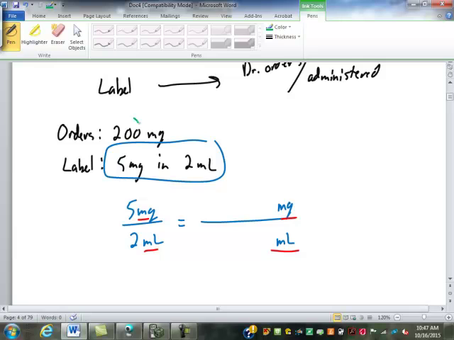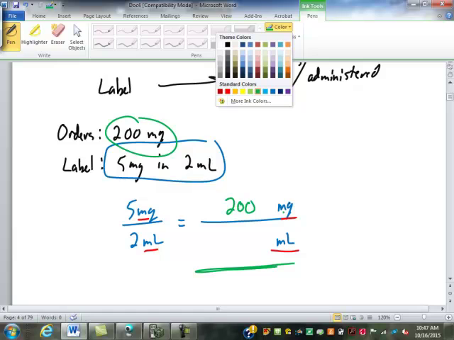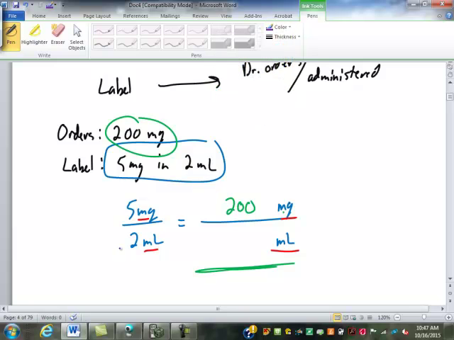So the doctor's orders of 200 milligrams have to go with the milligrams, on top. And we're going to find what we're going to administer here in the milliliters by cross-multiplying and dividing. So 2 times 200 is 400, divided by 5 is 80.